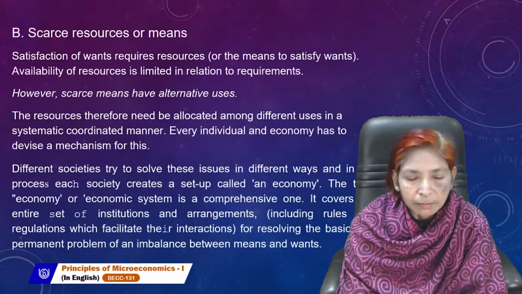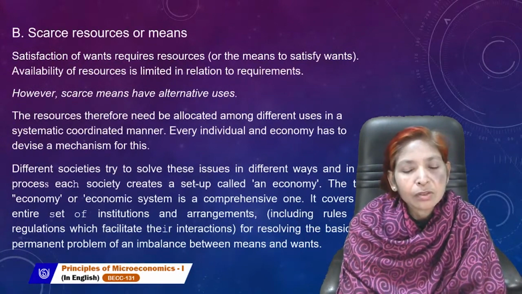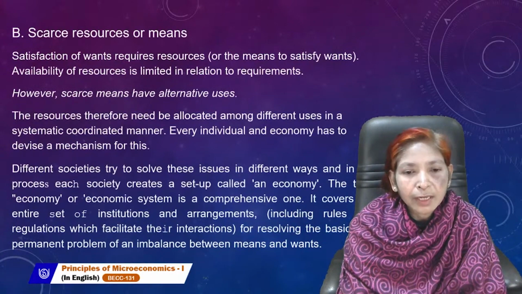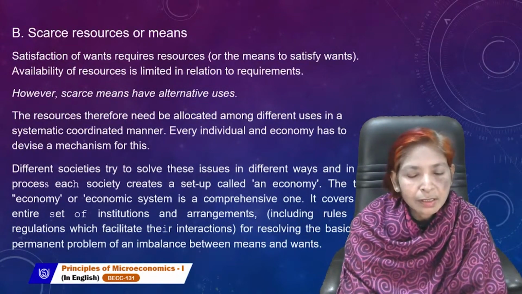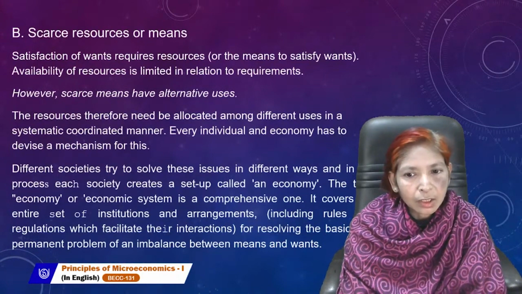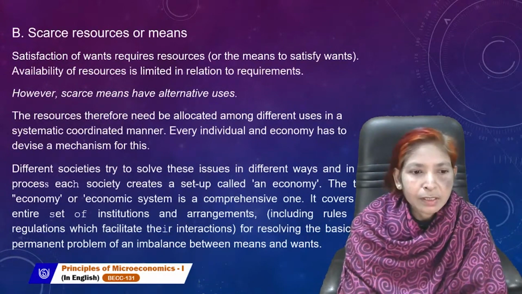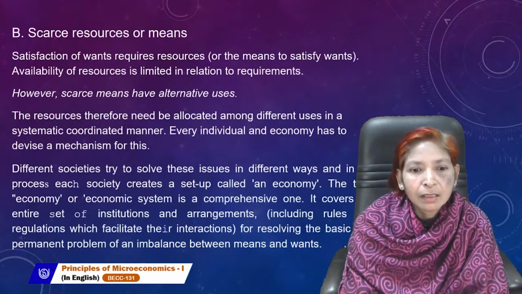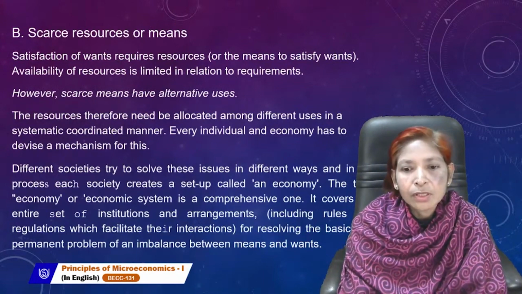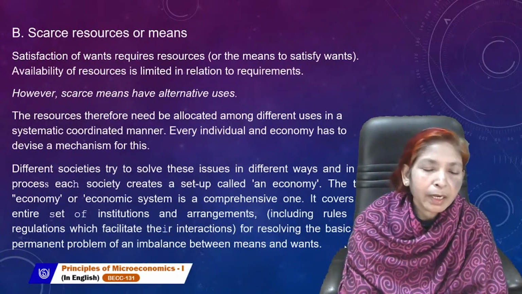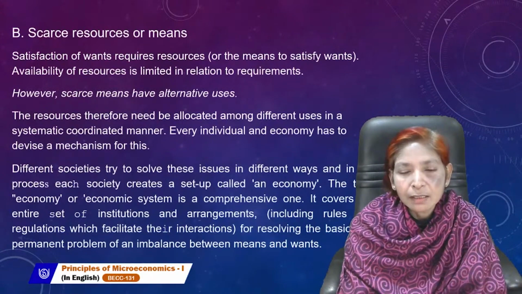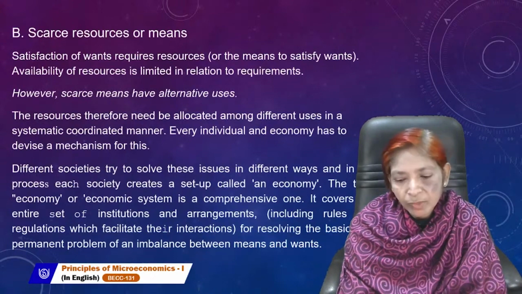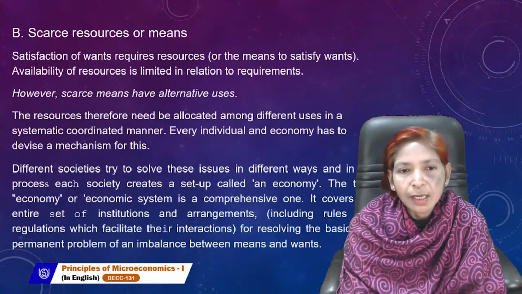Economy is a system which provides means of earning and means of living to all the people of the country. It covers the entire set of institutions and arrangements, including rules and regulations, which facilitate their interactions for resolving the basic and permanent problem of an imbalance between means, meaning resources, and wants, which are always endless.